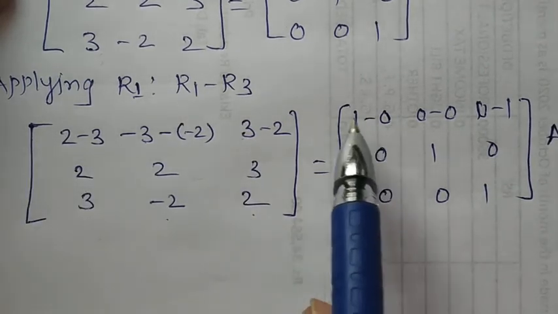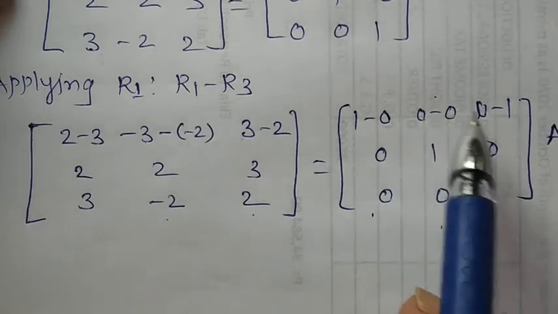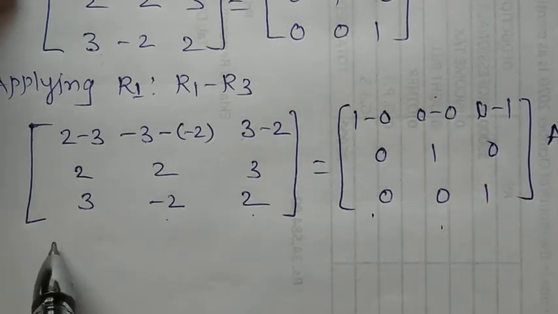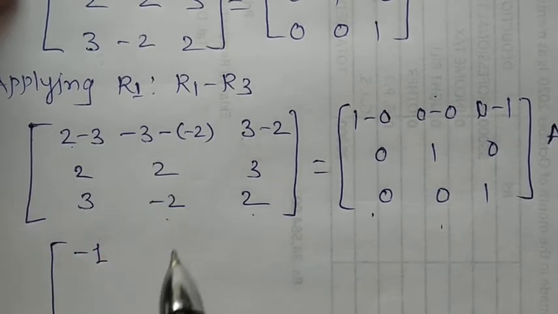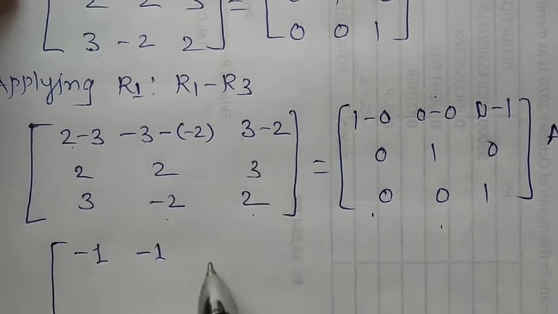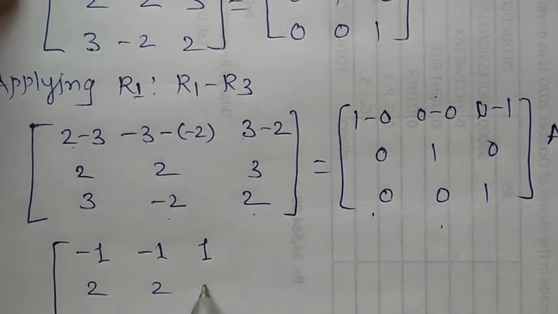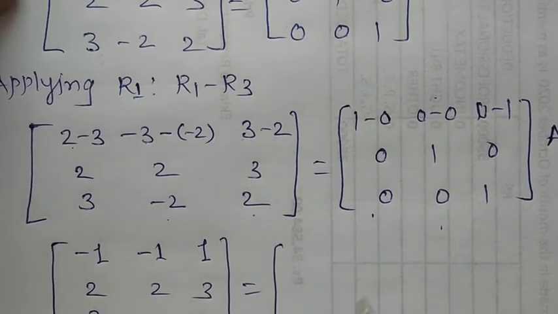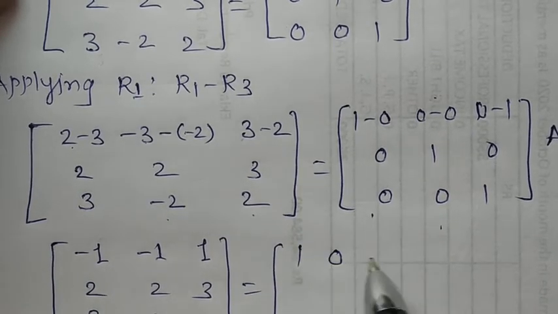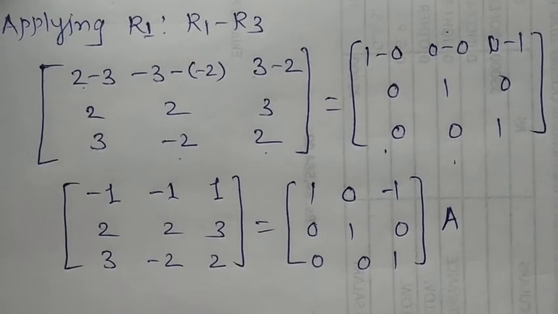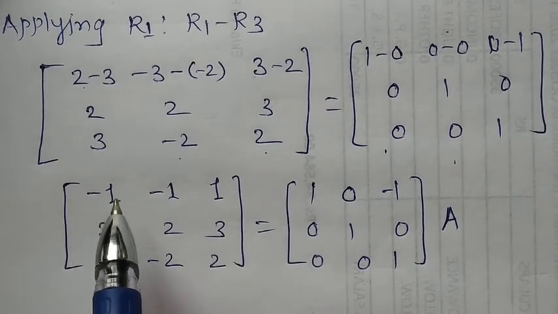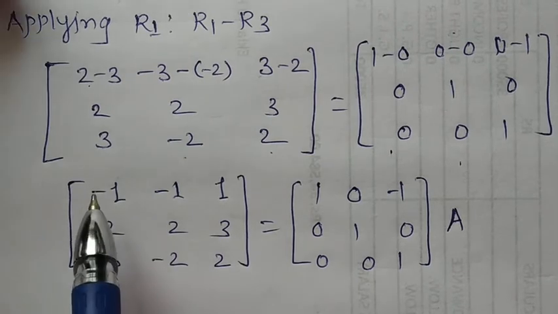The same process here: 1 minus 0, 0 minus 0, 0 minus 1, times A. Solving this, 2 minus 3 becomes minus 1, minus 3 plus 2 is minus 1, then 3 minus 2 is 1; 2 2 3; 3 -2 2 equals [1 0 -1; 0 1 0; 0 0 1] times A. So the first entry is minus 1, but we want plus 1. So convert this minus 1 into 1.